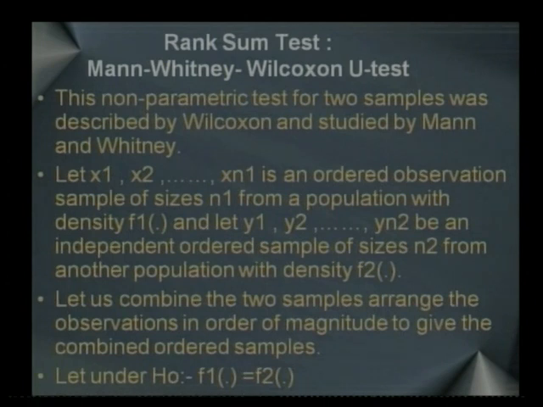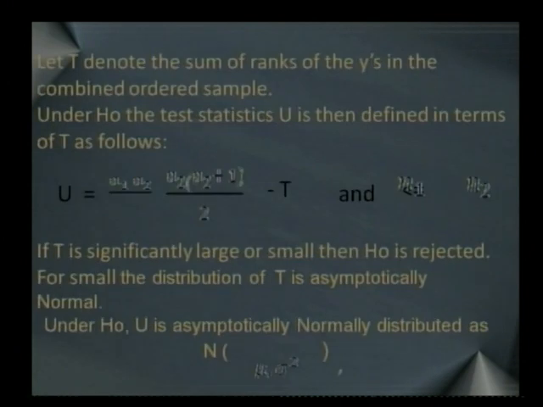Now let us combine and arrange the observations in order of magnitude to give the combined ordered sample. Under the null hypothesis, the density functions of both samples will be equal.